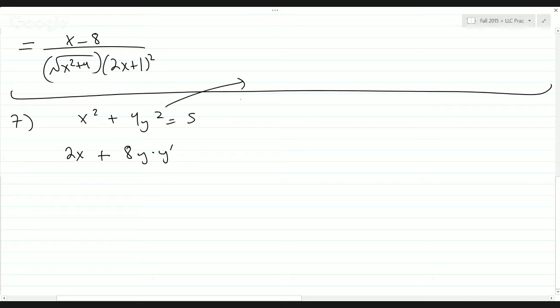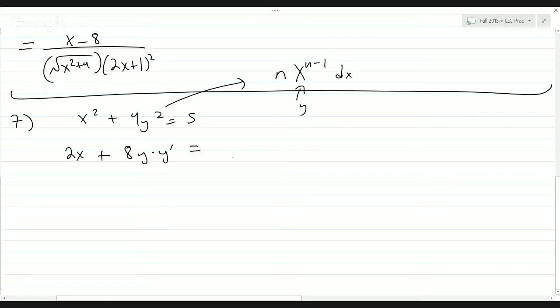Now this was again something like the chain rule, where this is a formula that they use u, but I'm just using x. So imagine this was y. We brought the 2 down. 2 times 4 is 8 times y times dy over dx, which is y prime.